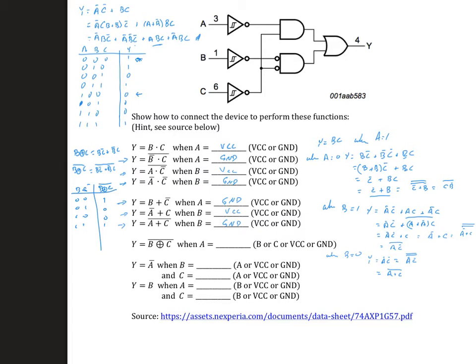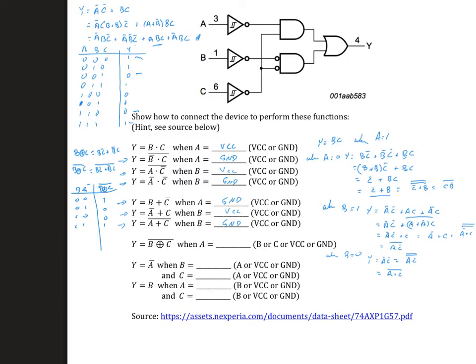We also see that when B and C are 0,1, we get a 0. So we would want this guy, and we don't want that one. We want that to be true. And then when B and C is 1,0, we want it to be 0. So that's true, but not the other one. And then when it's 1,1, we want it to be 1.